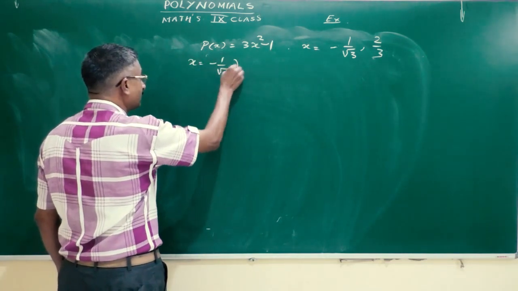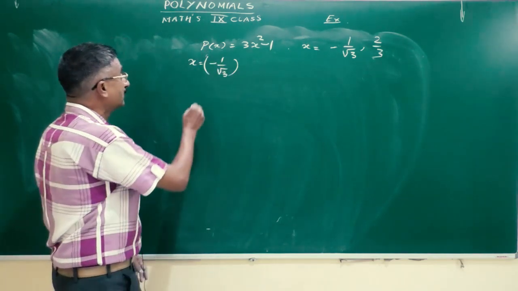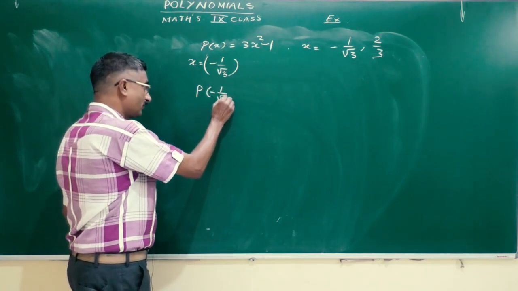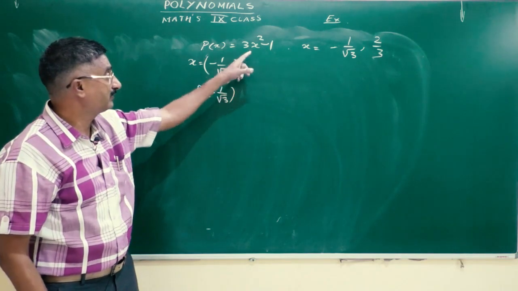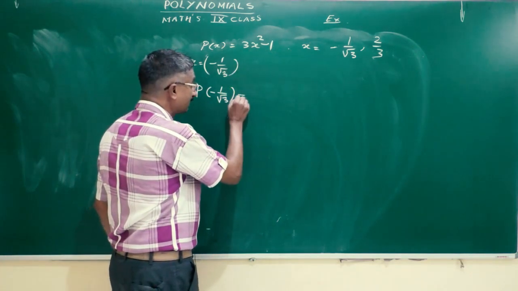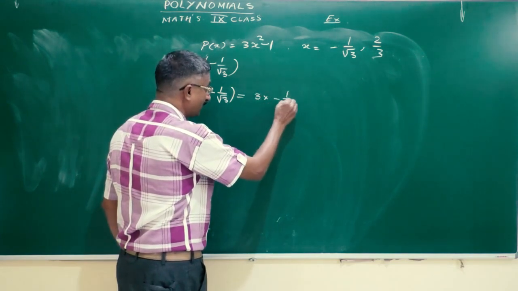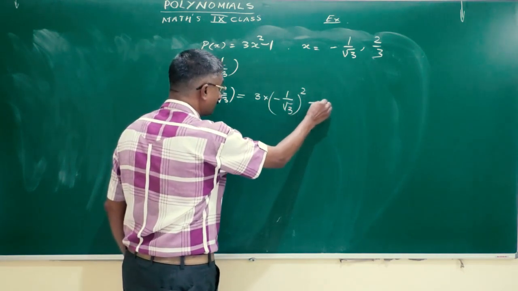We will check whether we will get 0 from this. So P of minus 1 upon root 3. We will substitute the value of x: 3 into minus 1 upon root 3 whole square minus 1.